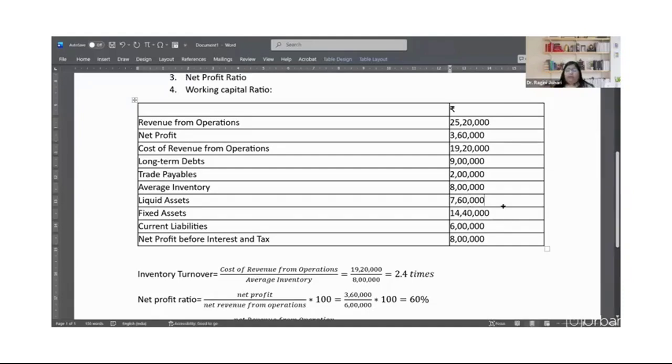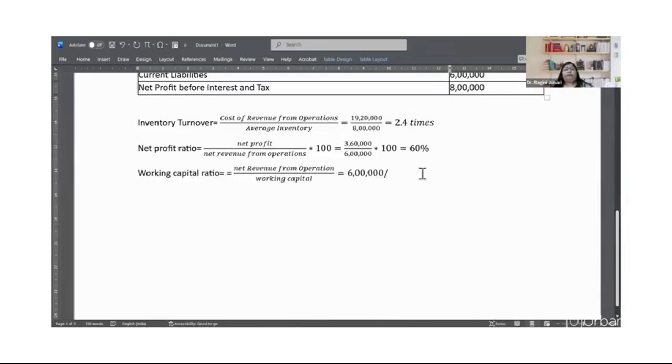So this is 15 lakh 60,000 minus 6 lakhs, and that comes to 9 lakh 60,000. So this is divided by 9 lakh 60,000.